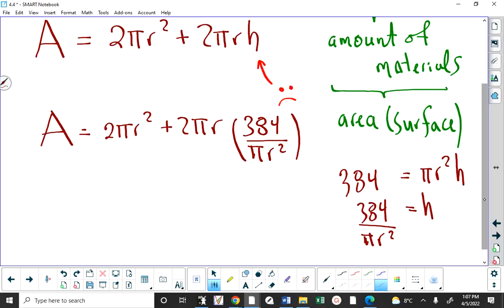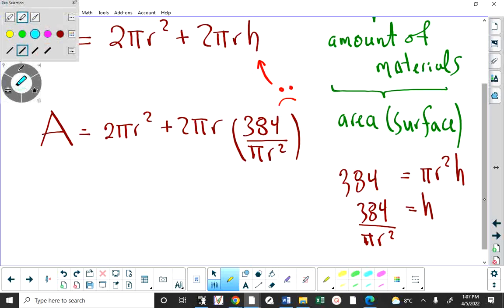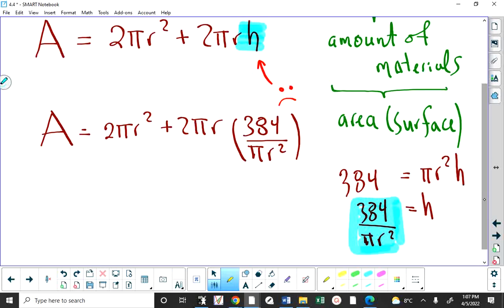So I've just done a substitution of this in here for h. Any questions to that point?